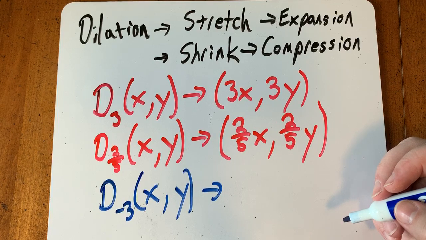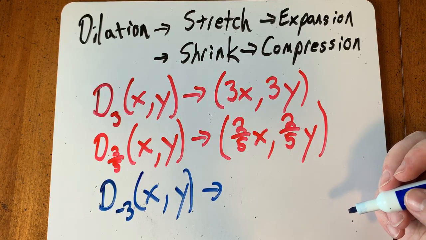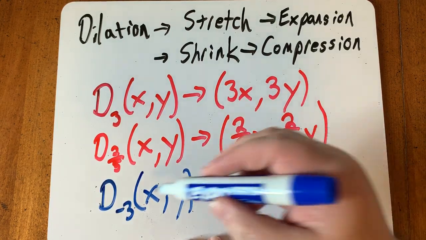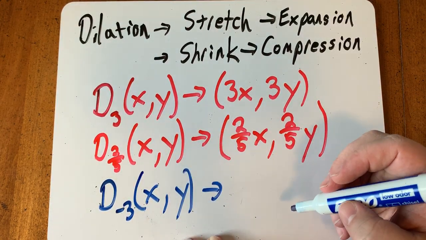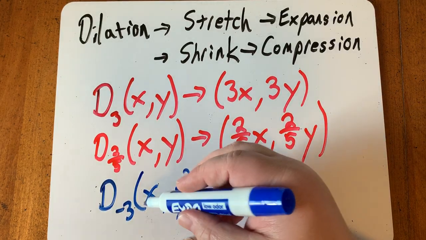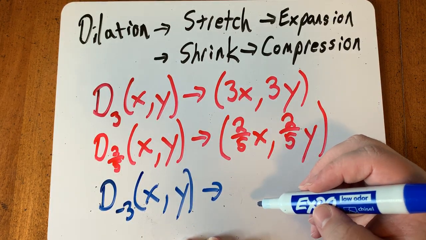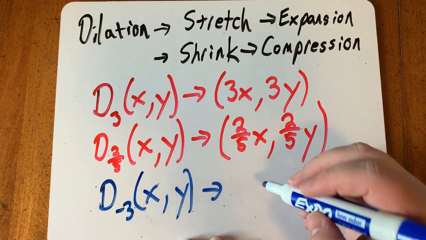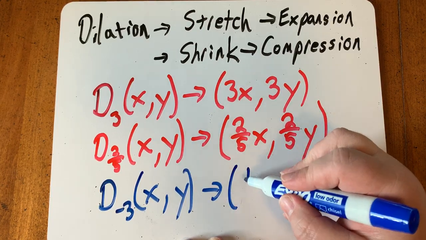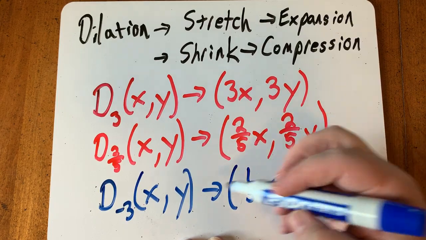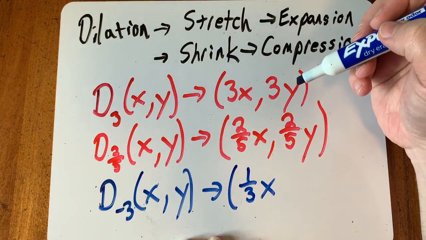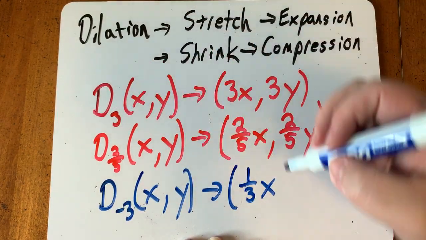And this showed up on MCAS a few years ago, and we were a little baffled. But it said a dilation by a factor of negative 3. So most people answered negative 3x, negative 3y, which is really what it is. But they mean when it's negative, it's a shrink. When it's positive, it's a stretch.